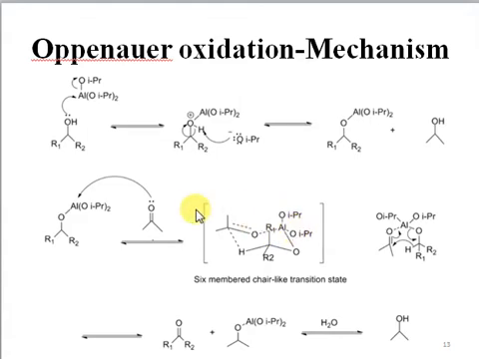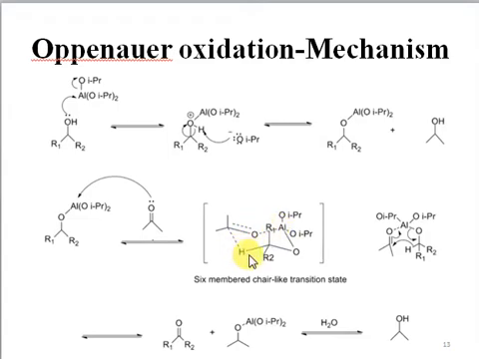And now this acetone has attacked this aluminum. So this acetone is forming a bond with aluminum right here, and this is the acetone. You can see that this pi electron density is shifting toward aluminum, and there is a bond being formed with the aluminum, right?